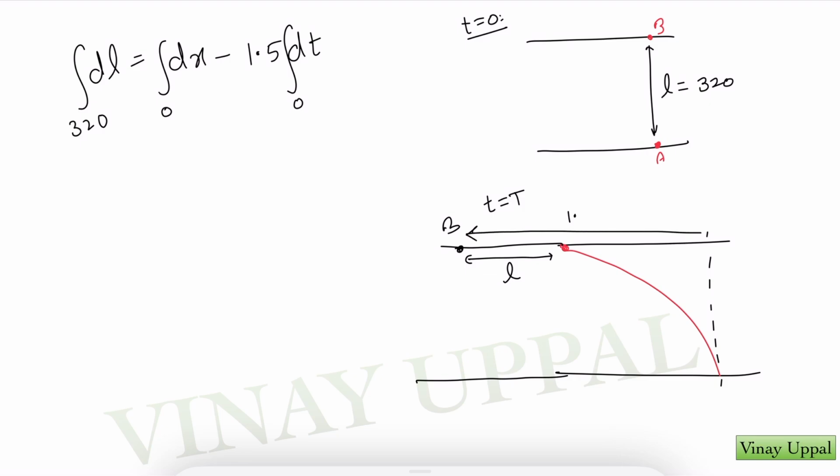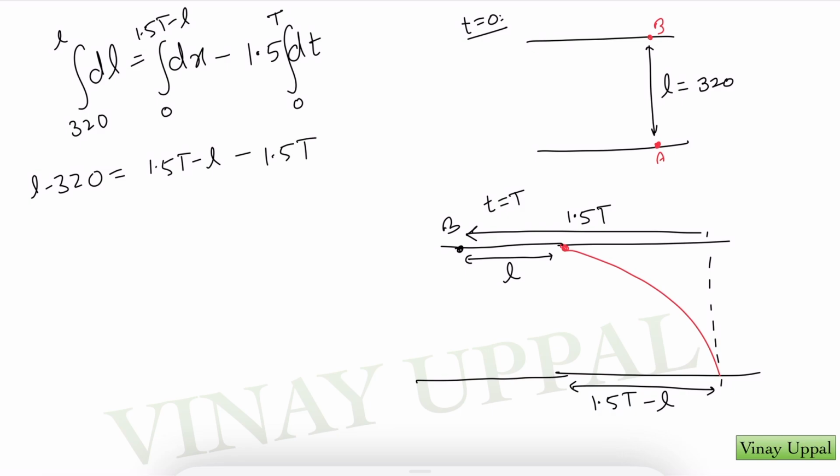That will simply be 1.5 times t, velocity into t, and therefore the x coordinate of the boat would be 1.5 t minus L. We want the final distance between the boat and point B, which I simply write as L. The x coordinate would be 1.5 t minus L and the time would be t. So I'll have L minus 320 equal to 1.5 t minus L minus 1.5 t, and you will get L as 160 meters. So this L, 160 meter, is the final distance between the boat and point B.